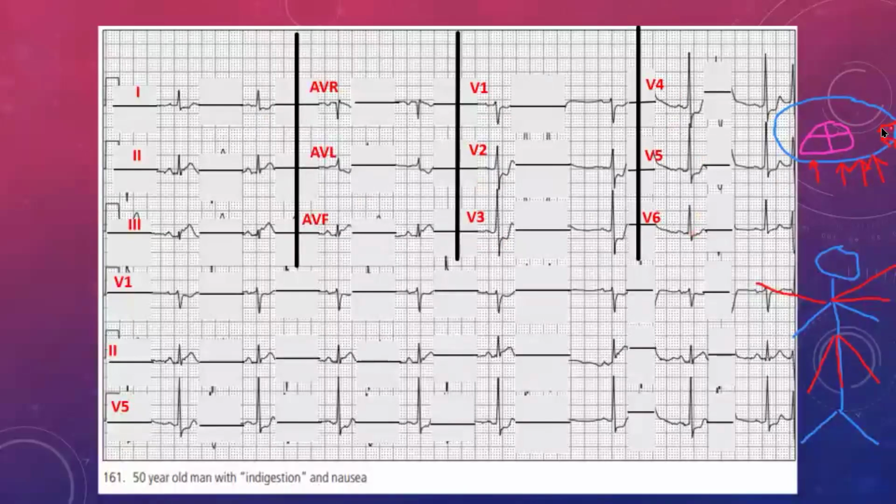Now, ST depressions in V5 and V6, along with ST depressions in V1 and V2, are often associated with posterior infarcts. So what we've done is that we've taken the things that we know. This is what we know. We've learned this. And by removing what we don't know, it suddenly becomes a much simpler ECG to look at.